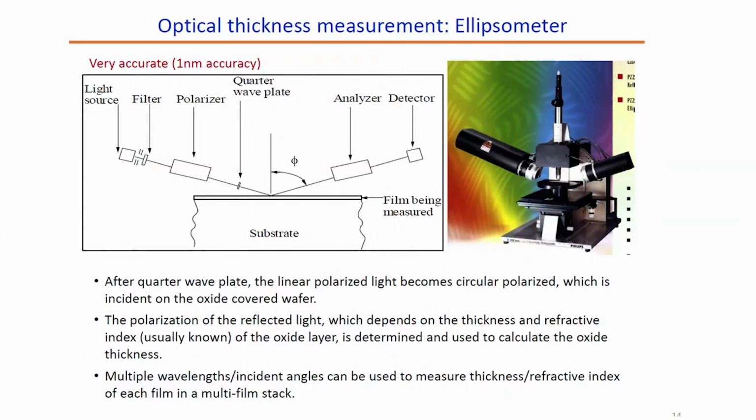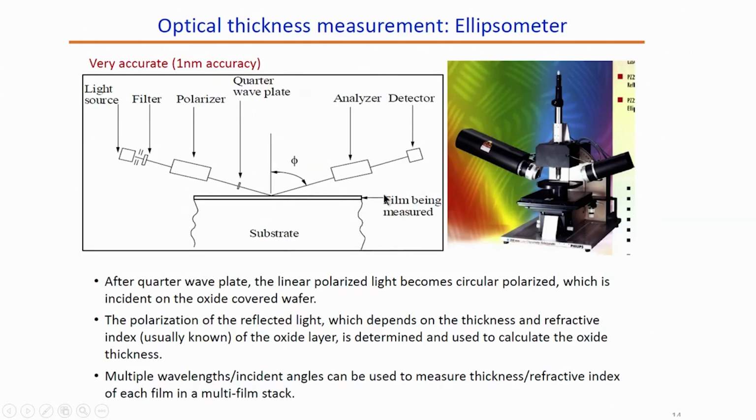So, what to do? To have an extremely precise measurement of the thickness of silicon oxide, we have to use something called an ellipsometer. The technique is called ellipsometry and the equipment is called an ellipsometer, where there is a light source, filter, polarizer, quarter wave plate, a reflection, an analyzer and detector.